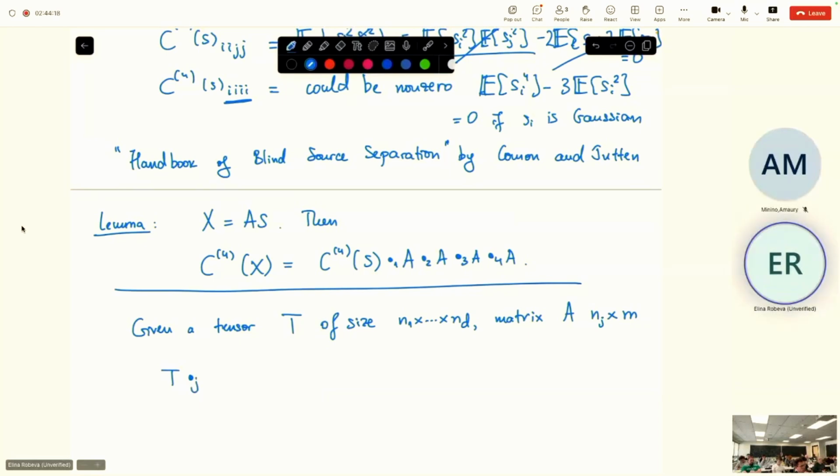T dot_j A would be T multiplied with A along the jth coordinate.